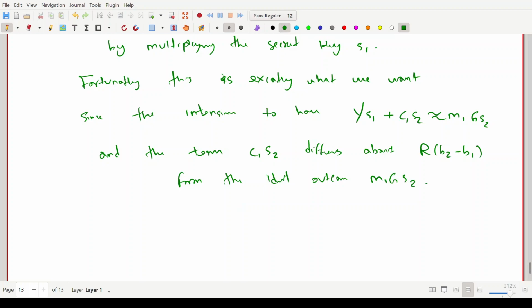Okay. In conclusion, to find the matrix Y, we need the encryption of Rij and the difference between the keys B1 minus B2.